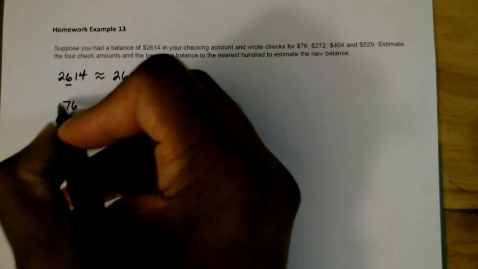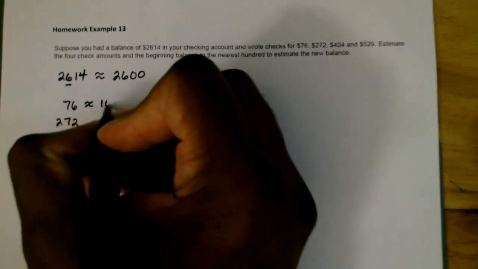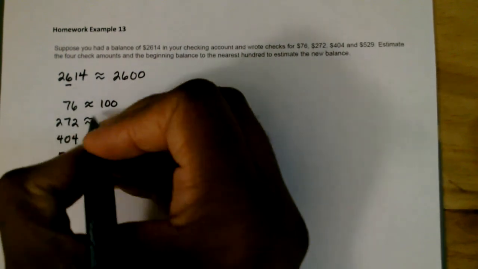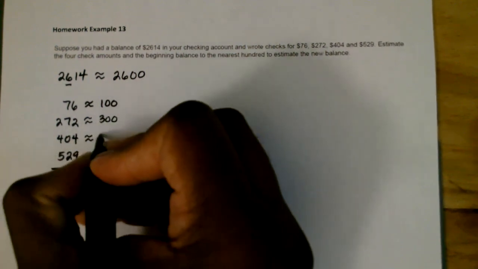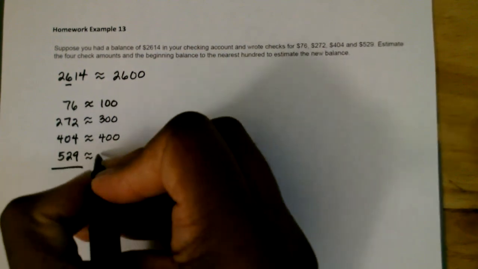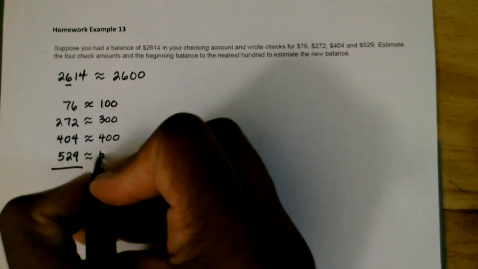This may be hard. That's 76. I'm going to round this off to 100. 272 to the nearest hundred would be 300. 404 to the nearest hundred would be 400. And 529 to the nearest hundred would be 500.